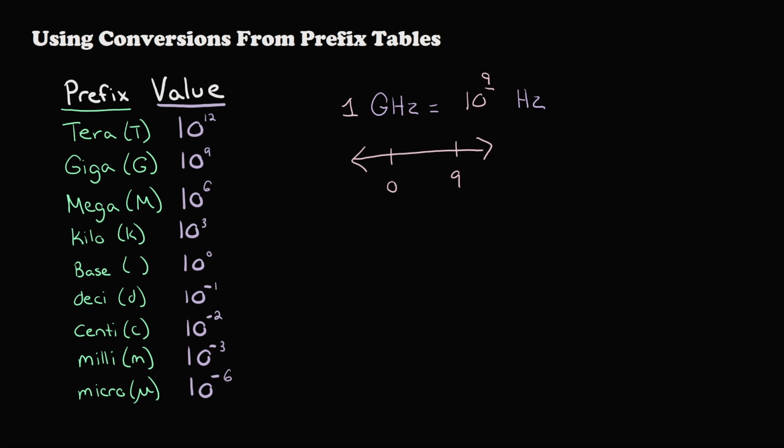But now let's try it with two different units, or two different prefixes. Let's say we want to find the relationship between a terameter and centimeters. Following the same methodology as before, we're going to put a 1 in front of the bigger unit. Since tera is higher on this list, we're going to put a 1 in front of terameter. And then we're going to put 10 to the power of a number for centimeters.